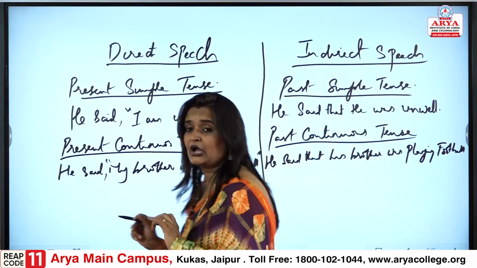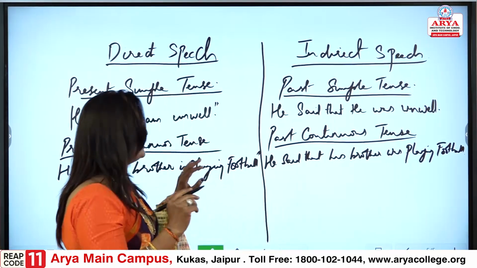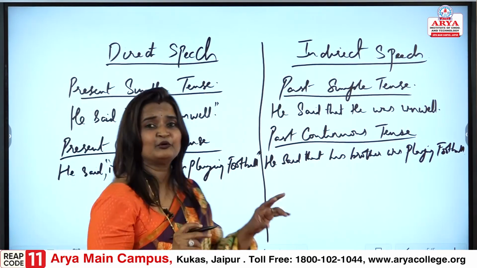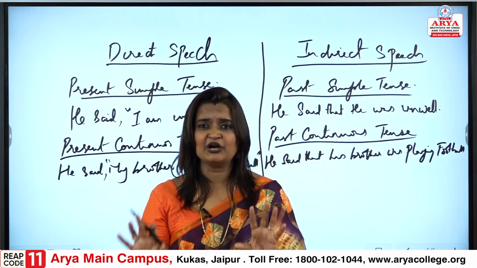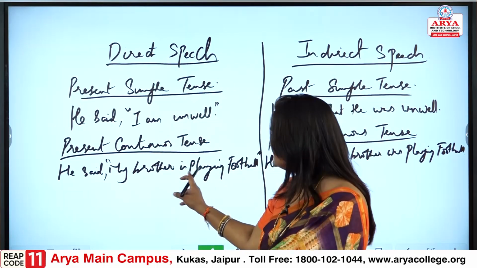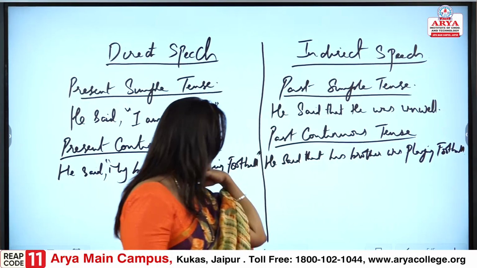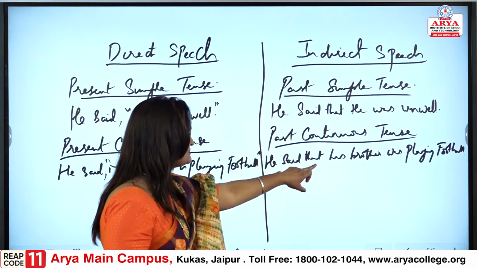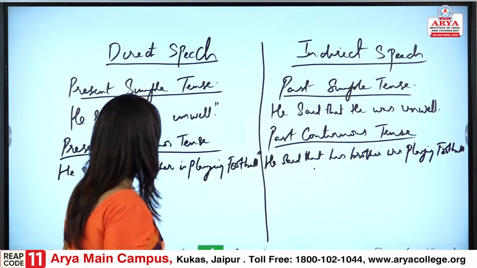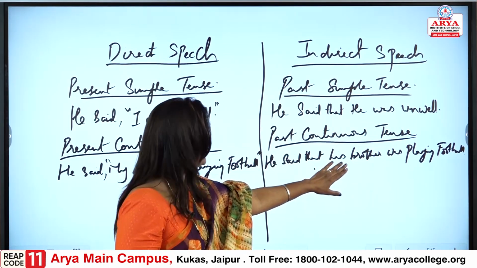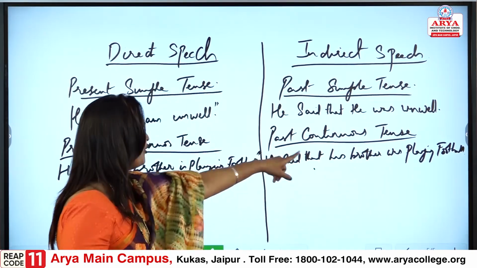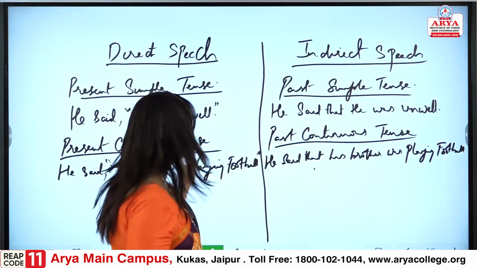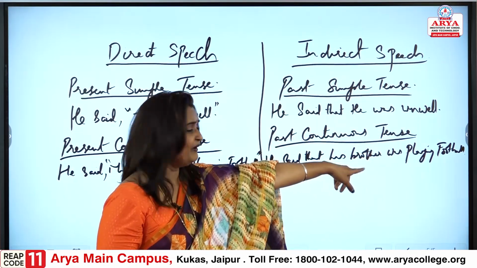So, again, he said my brother is playing football. Direct speech is word to word, in inverted commas. But when we change it, he said that has been added. My became his, is became was. Tenses change again, present to past.